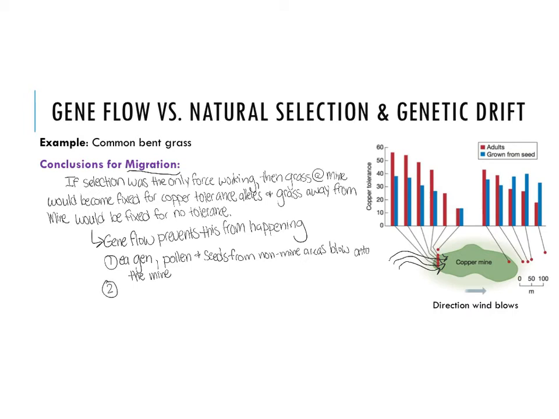And then also gene flow from the mine prevents alleles for tolerance from being completely lost in the pasture nearby or in the field.